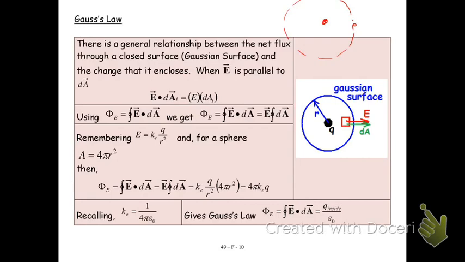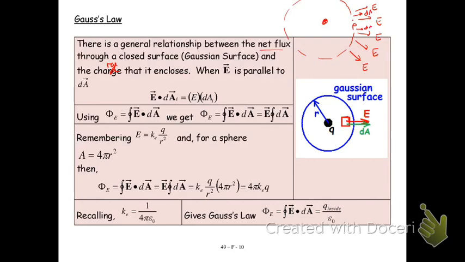There is a general relationship between the net flux through a closed surface, which we call the Gaussian surface, and the charge that it encloses. When E is parallel to dA, let's look at our little box. Because I've made this radially symmetric, all my electric field lines are radial, aren't they? And also all my dA vectors are radial.